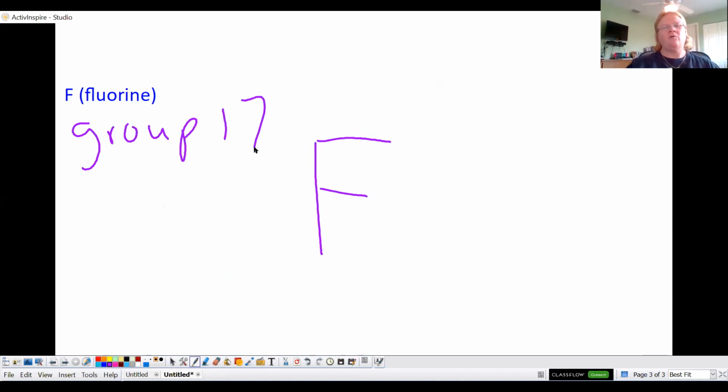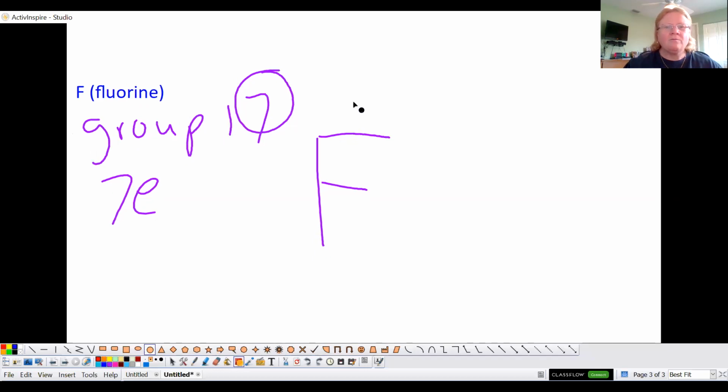Now remember, because it's got 2 digits, it doesn't mean it has 17 electrons in its outermost energy level. You ignore the tens place and you just use the ones place, which is that 7. So it's got 7 electrons. So I'm going to do my 7. 1 goes up top, and it goes right, and then goes down, it goes left.